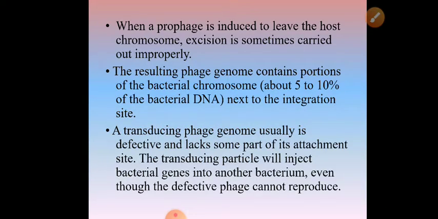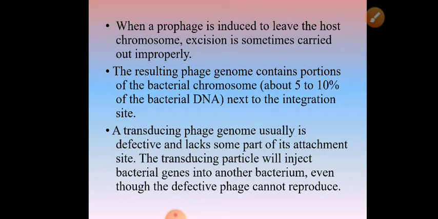Okay. When lambda phage DNA is integrated inside E. coli DNA, it is called a prophage. And this is shown generally by temperate phages. When the prophage is induced to leave the host chromosome, we may induce it deliberately by exposing it to UV light, or it may happen naturally. When there is induction, the prophage will excise itself from the host chromosome.